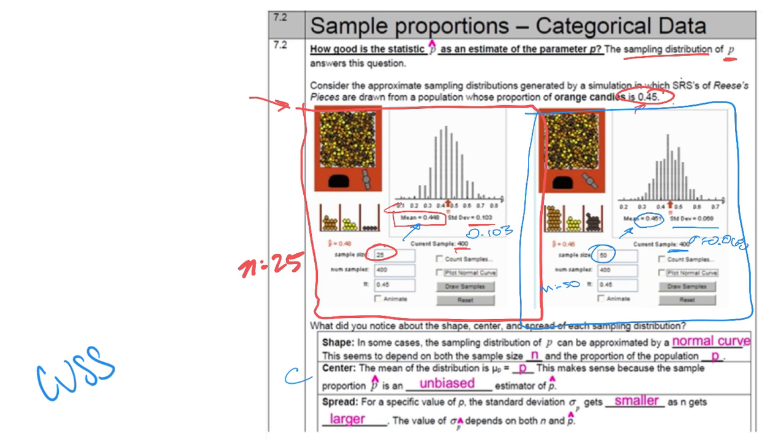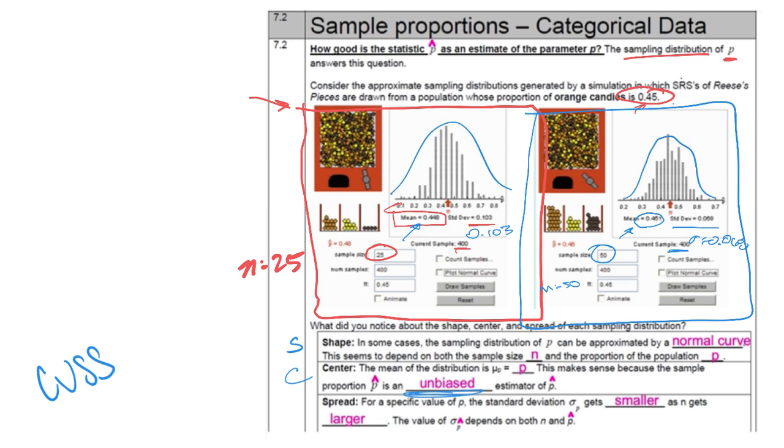It is an unbiased estimator of p. Then we're not talking about U because there are not a lot of unusual features here. But let's talk about the shape. It looks like it's approximately normal.